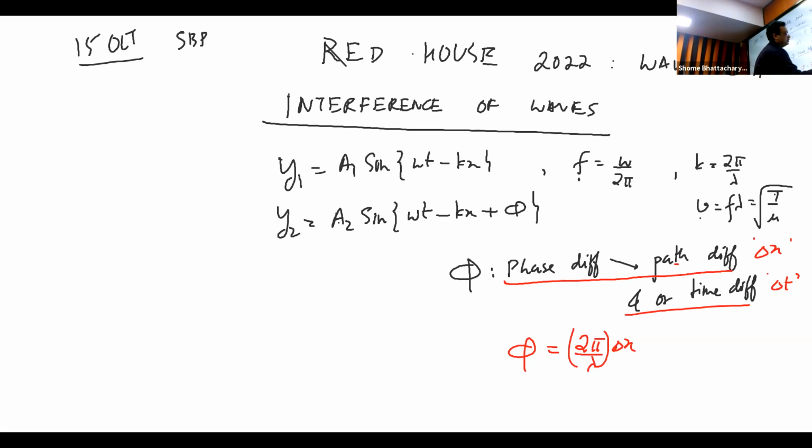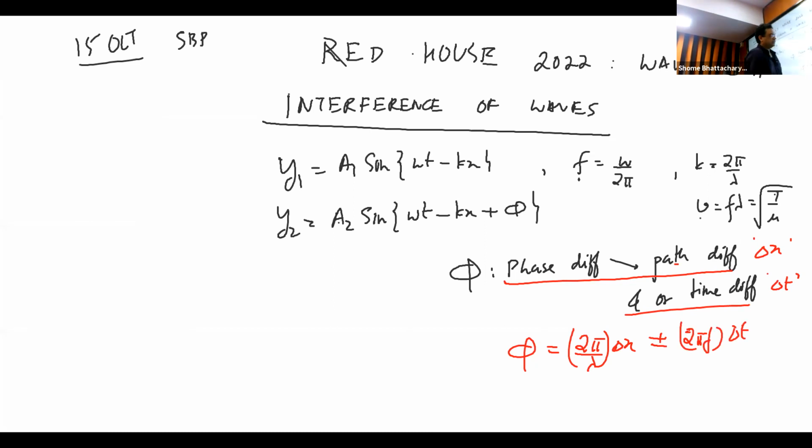Okay, and it can be either plus or minus depending on which source is given the time delay compared to the other one. So it can be plus or minus of this thing omega. So omega is equal to 2 pi f, okay, into delta t.